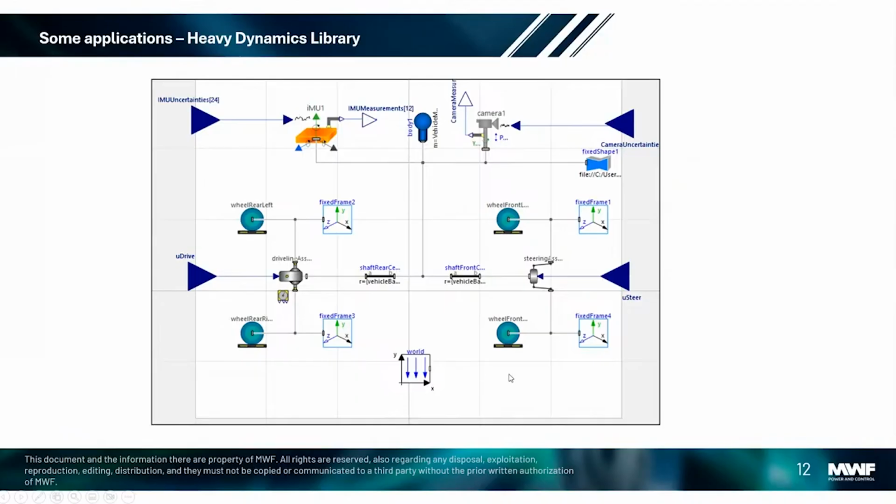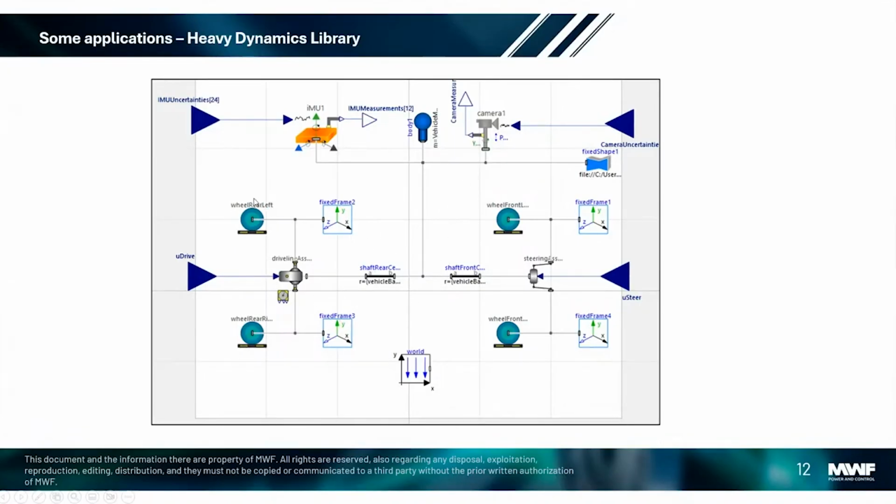This is how a model with the Heavy Dynamics library looks like. As you can see here, we have many components which are basically inherited from the multi-body systems library, like those rigid links, some joints which are inside the driveline model, for example, the Ackermann steering model, and so on.